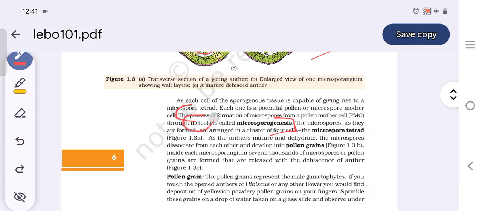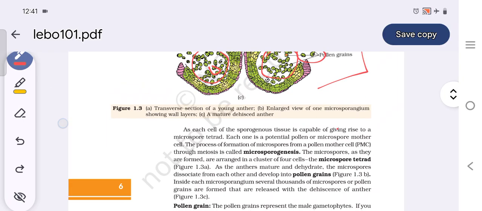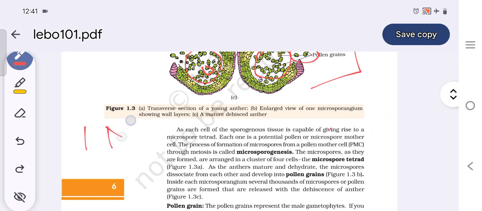And what is the cell division that takes place there? It is meiotic. Now, since it is meiosis, how many cells would be formed from one microspore mother cell? 4 microspores would be formed.